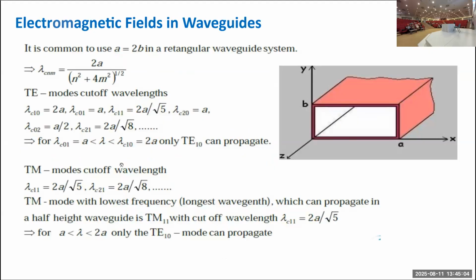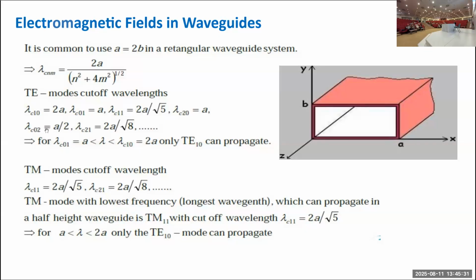Then it is simplified to this formula. Now, as we have seen, for the TE mode, the cutoff wavelength is double the longer side.